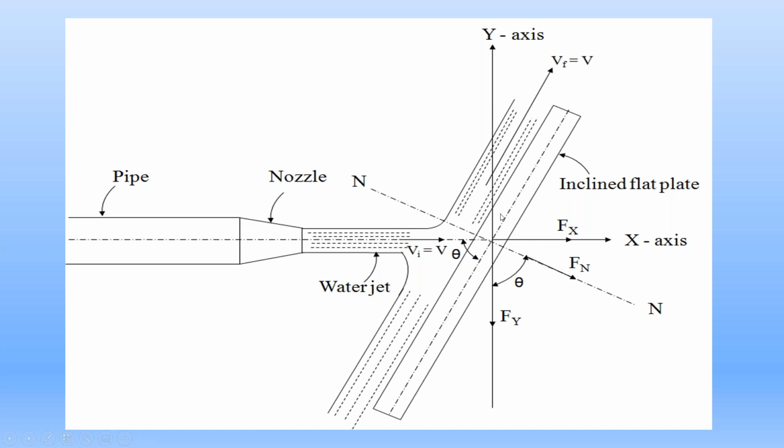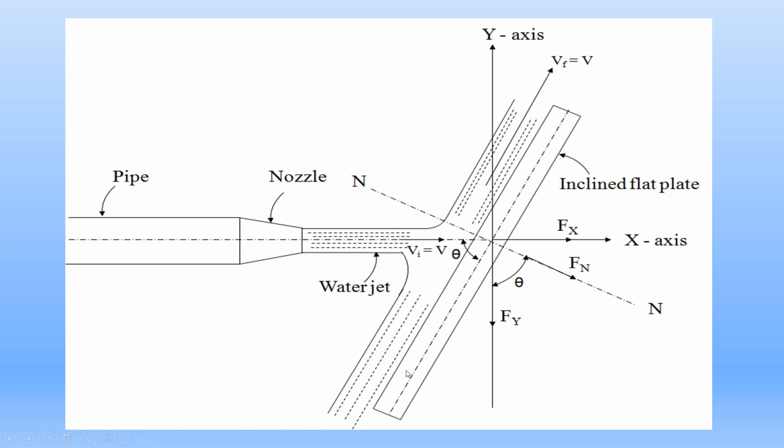The water jet is impacting this metal plate. The metal plate is a flat metal plate. The metal plate is an inclined metal plate. It is not vertical. In the previous condition, the metal plate is a vertical metal plate, whereas here the metal plate is inclined.